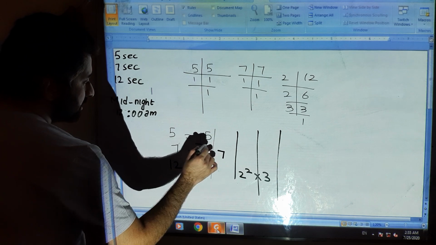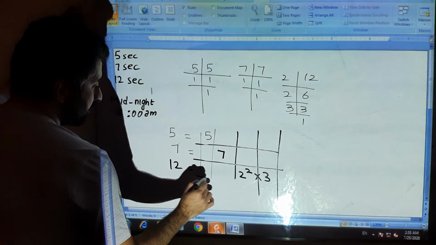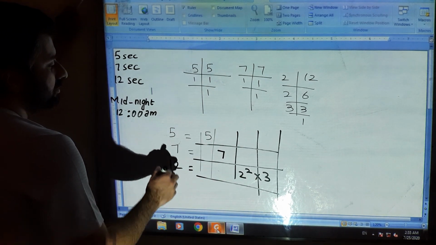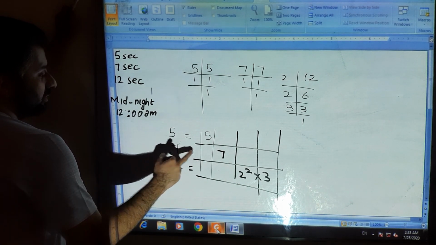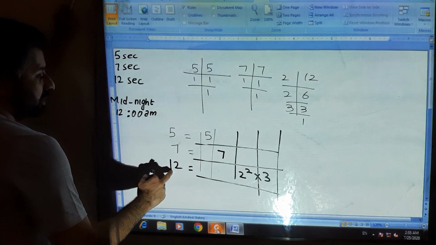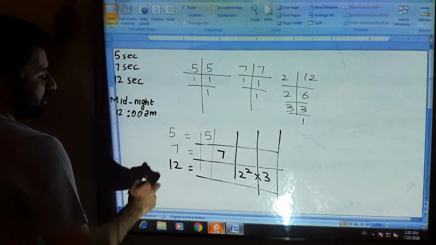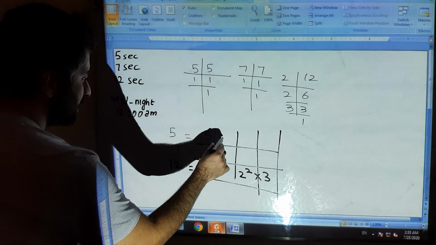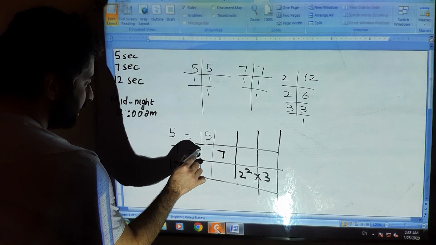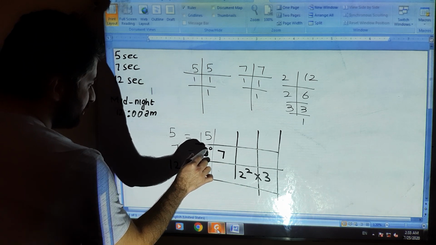There is some space missing over here. I mean to say that in the factors of 5 you don't have 2 or 3. In the factors of 7 you don't have 2 and 3. In the factors of 12 we don't have 7 or 5. So I am going to fill this space. Here you don't have 5, so write 5 raised to the power 0.